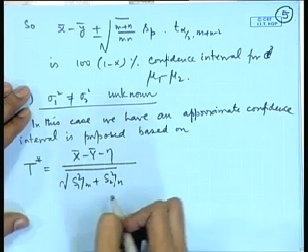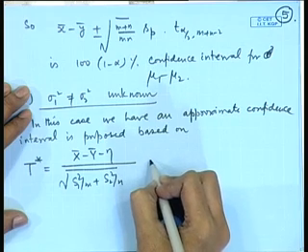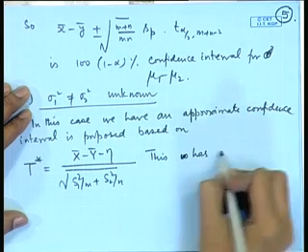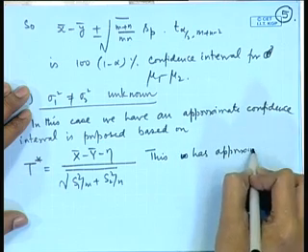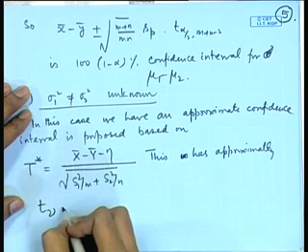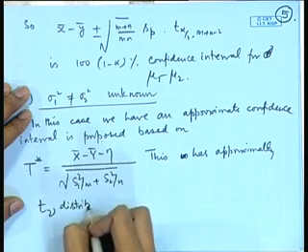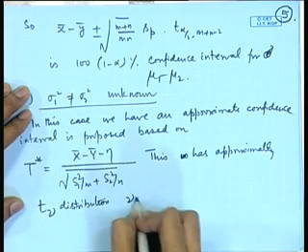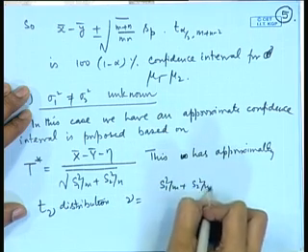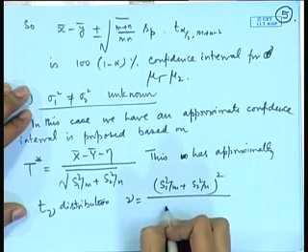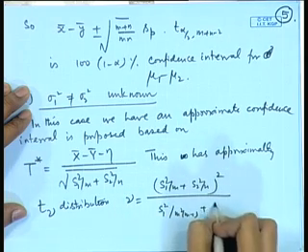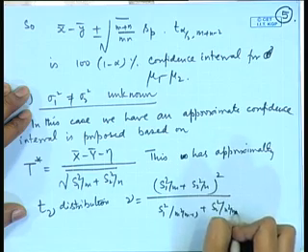So, it was proved by Welch etcetera that this has approximately a t distribution on nu degrees of freedom, where nu is given by S 1 square by m plus S 2 square by n whole square divided by S 1 square by m whole square into m minus 1 plus S 2 square by n whole square into n minus 1.